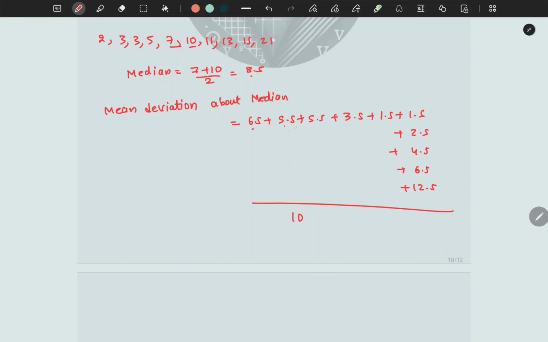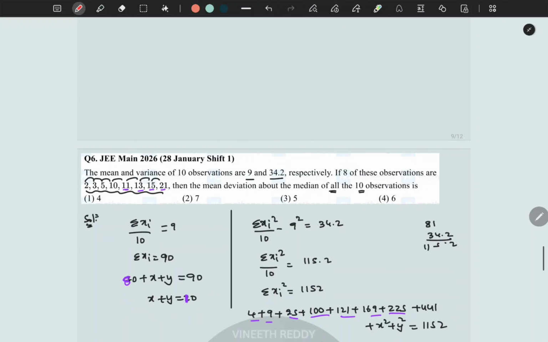So 6 plus 5 is 11. 11 plus 5 is 16. 16 plus 3 is 19. 20, 21, 23, 27 plus 6 is 33. 33 plus 12 is 45. 45 plus how many halves do we have? 10. So 45 plus 5 should be 50. 50 divided by 10 should be 5. So mean deviation about median should be 5, I guess, dear students.